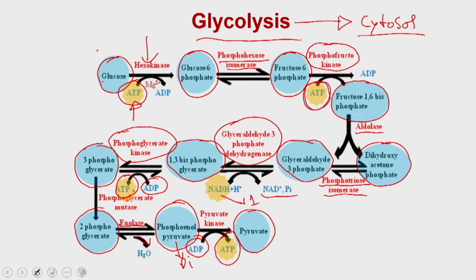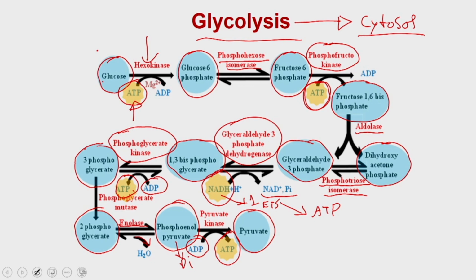So, you are spending 2 ATP molecules to channelize the glucose into the glycolysis, but you are generating 2 molecules of glyceraldehyde 3 phosphate, and at the end this is getting converted into NADH, and this NADH is going to go into the electron transport chain.